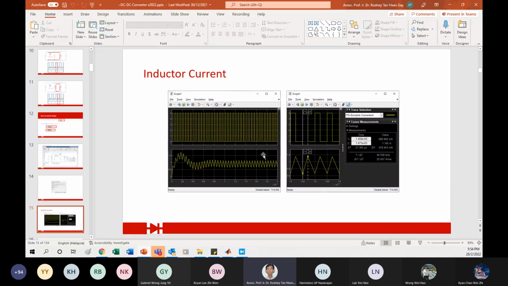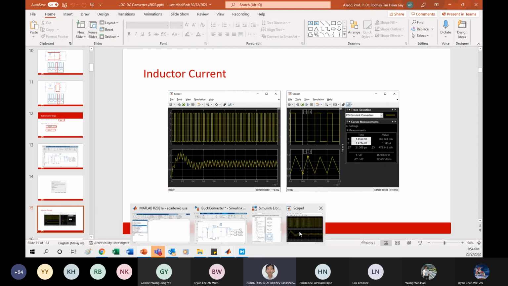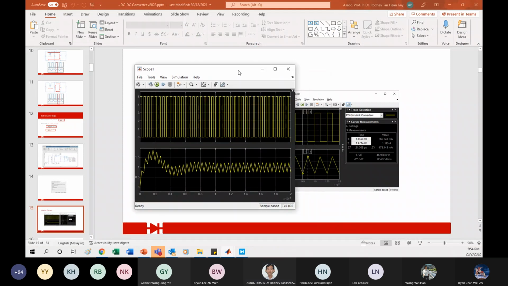So now you can actually look at the waveform and you can do a measurement of this by playing around with what we call the scope here. And then you can click this one.